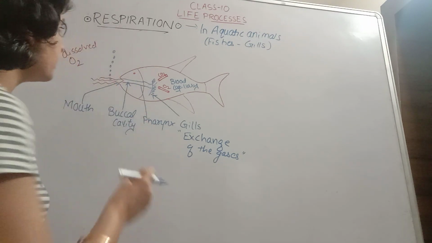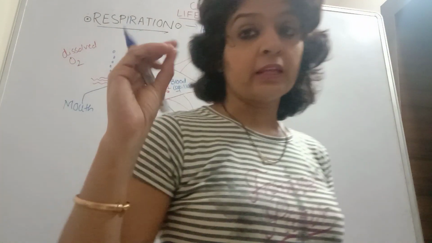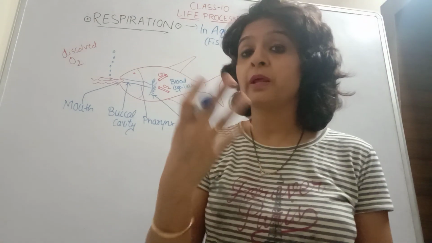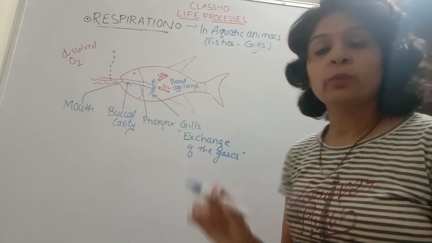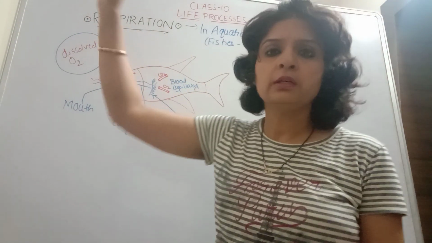But there is a twist in the case of aquatic animals. We are talking of the ones which respire through the gills, and they take the oxygen in the dissolved form.